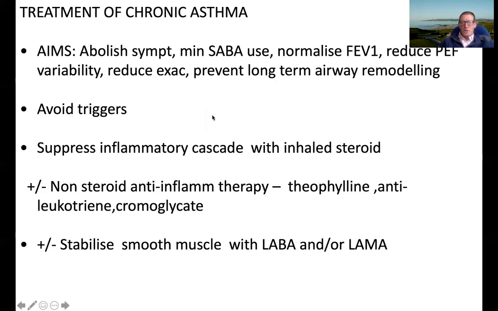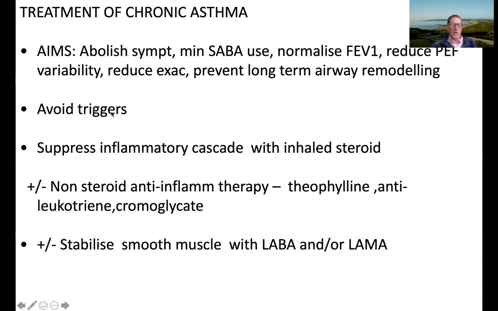So let's just tie things up then. The treatment of chronic persistent asthma, the aims are to abolish symptoms, minimize reliever use with short-acting beta agonists, normalize FEV1, reduce peak flow variability, reduce exacerbations, and prevent airway remodeling.